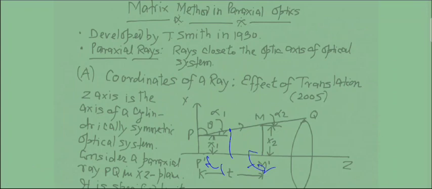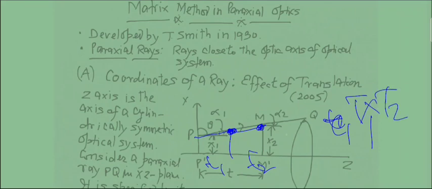So the effect of translation from this to this, that is shown by the capital T1 matrix. Effect of translation from over here till here, that is the small t2 translation, that is shown by capital T2 matrix.